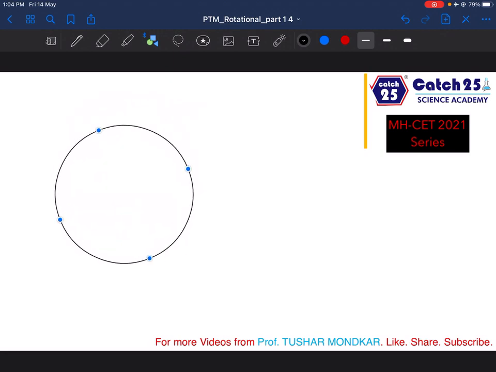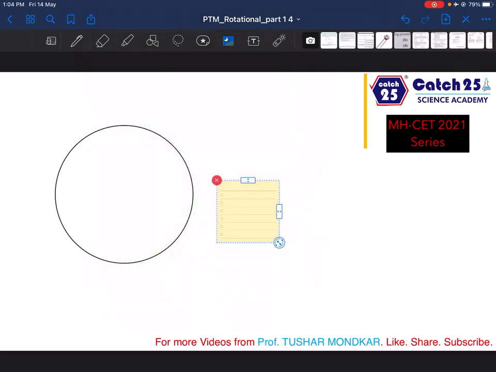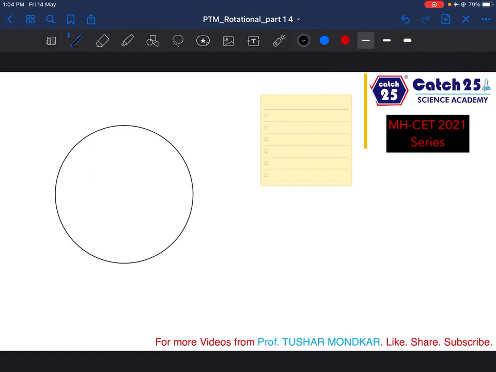Now in vertical circular motion I need you to remember only a few concepts. First, tension in the string at all points, then velocities, then energies, but energy is going to remain the same.